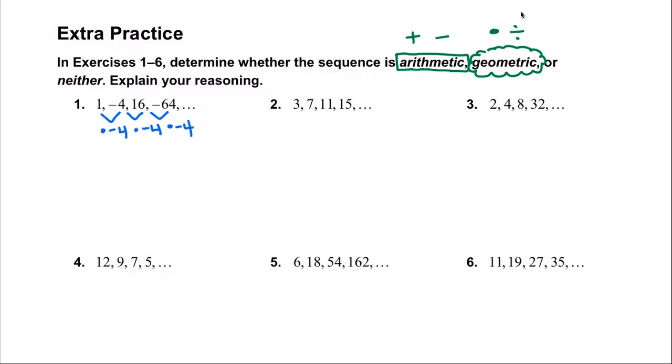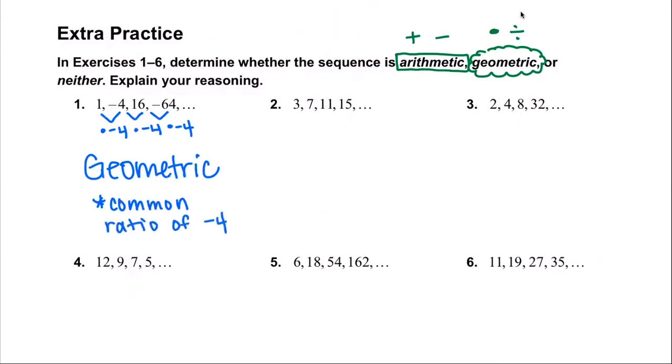Well, since our common ratio is a negative number, we're going to get that flip-flop. So it looks like we are multiplying by the same number over and over and over. So we are going to have a geometric sequence because we have a common ratio of -4.